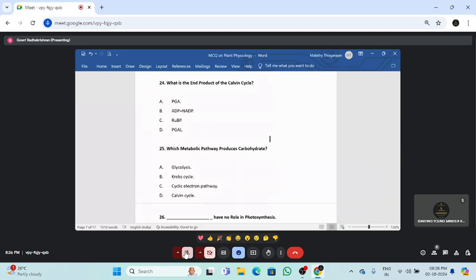Ribulose biphosphate is the end product. Ma'am, it is the primary acceptor in the C3 Calvin cycle, isn't it? See, the glyceraldehyde 3-phosphate is actually used as building blocks of glucose, sucrose, and other carbohydrates needed by the plant.